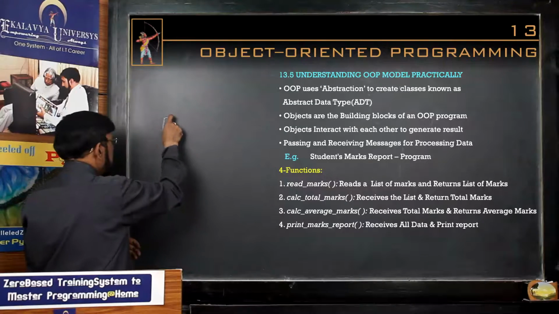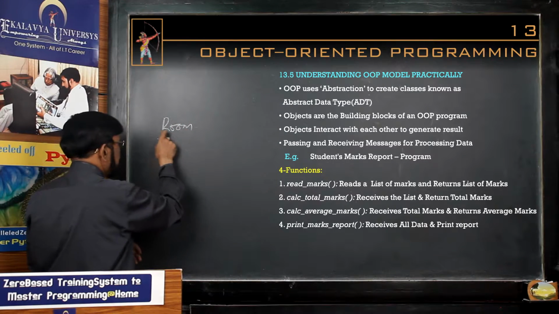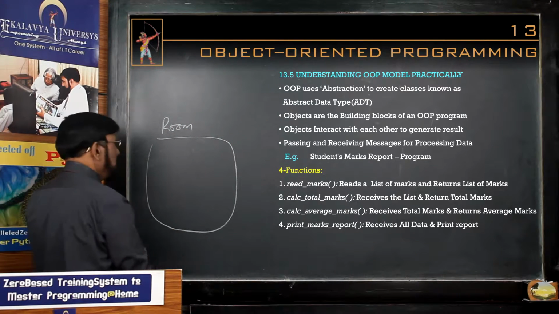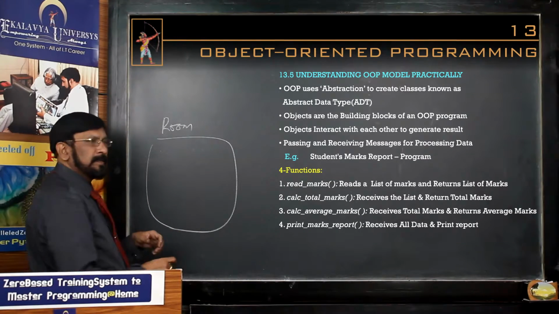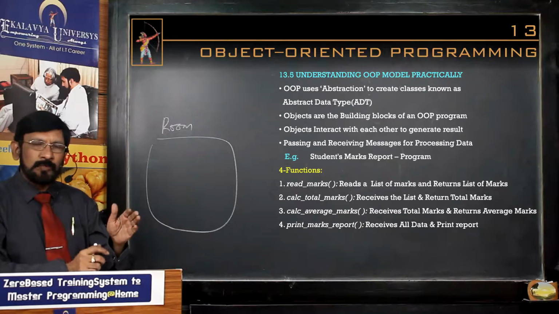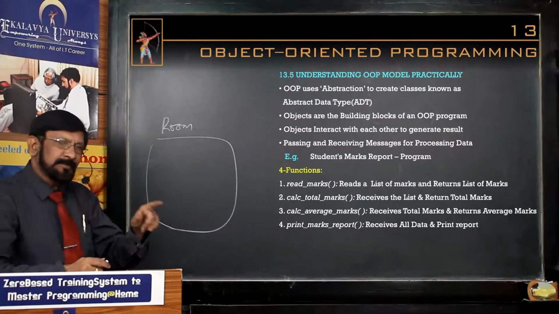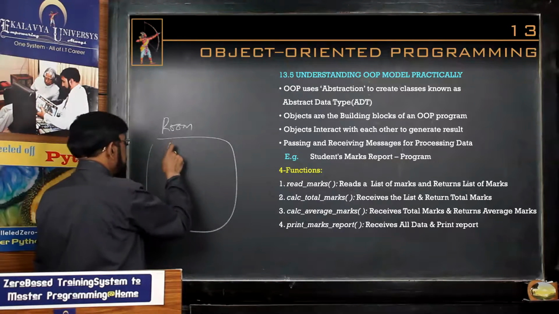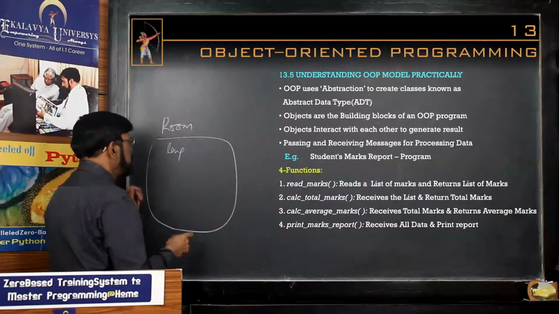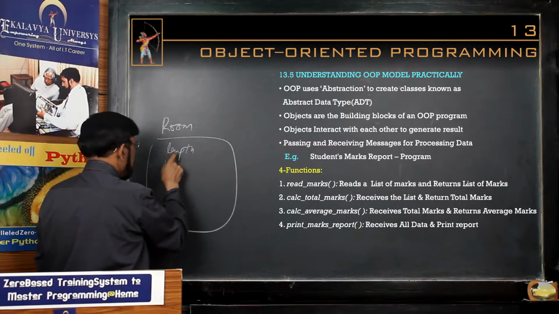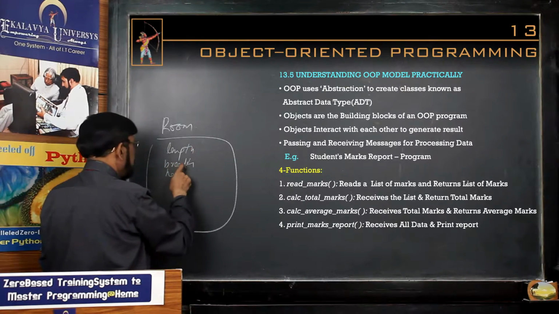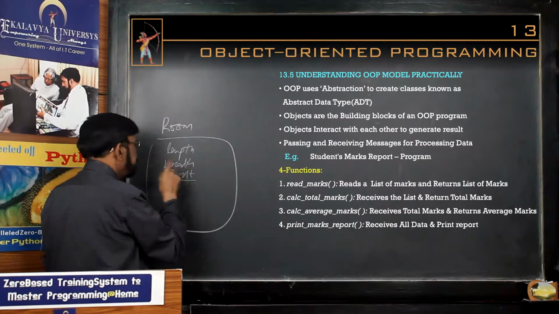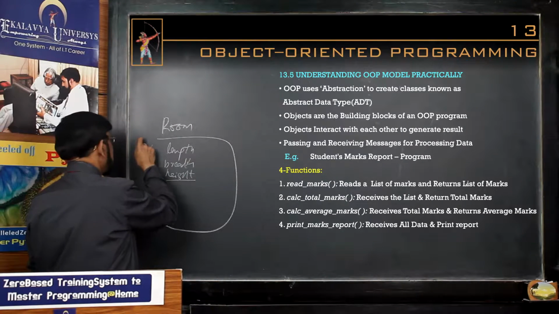Now we have taken a room object. In a room object, what are the abstract data? Whenever somebody talks about a room, without any description, you can understand three features. What is that? Every room has length, every room has breadth, every room has height. These are data items.